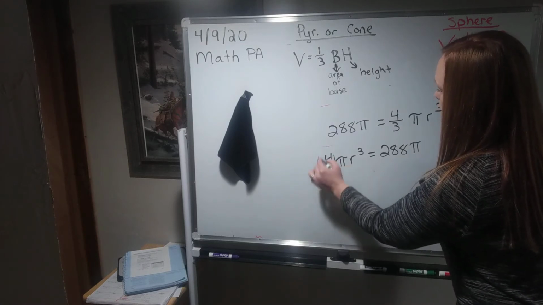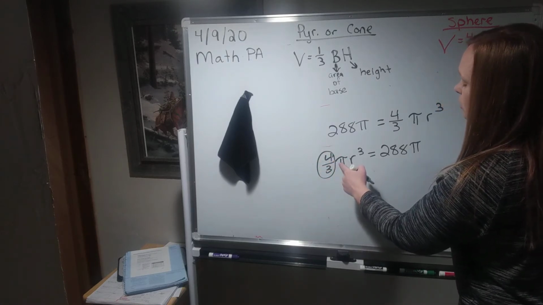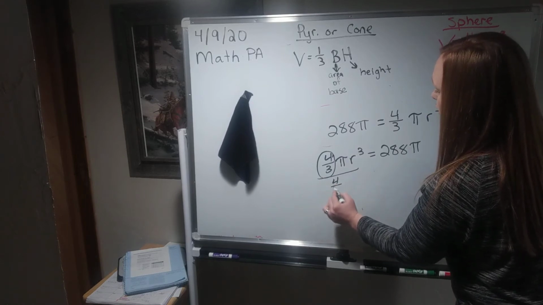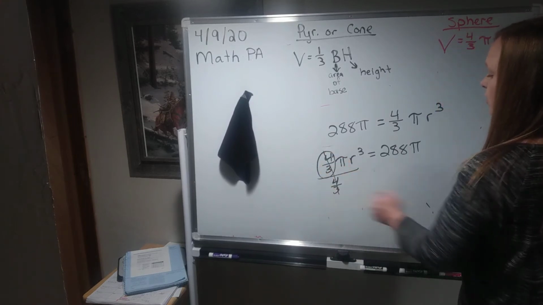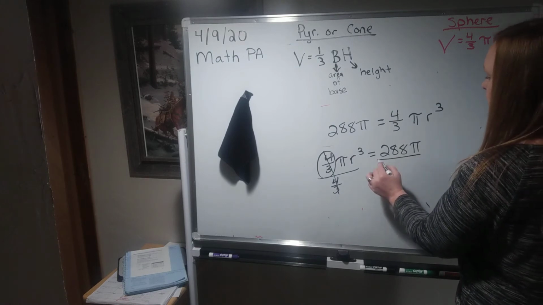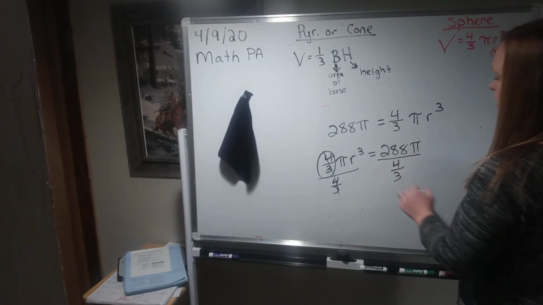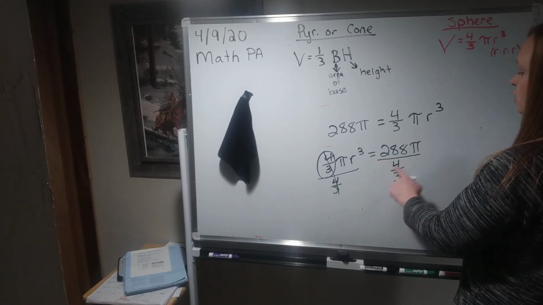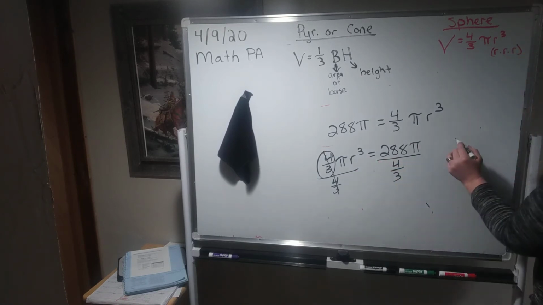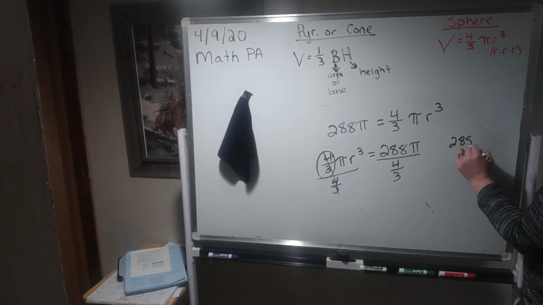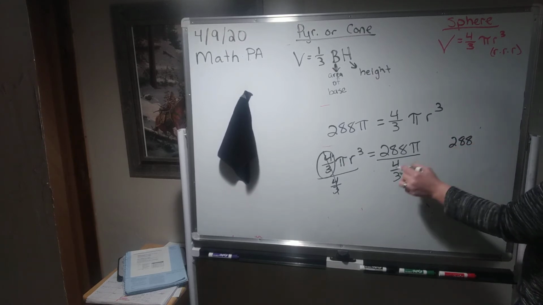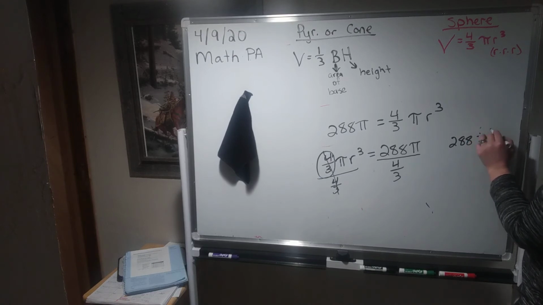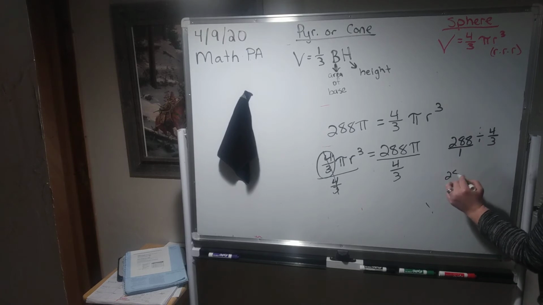The first thing, we have this fraction here, which is multiplied, so we want to divide by 4/3 so that they'll cancel. Now this is a funny looking problem, isn't it? It always confuses students when we have two division signs. Let me come out to the side and write this a little bit differently: 288 divided by 4/3. Does this look like something you can do? Keep it, change it, flip it.